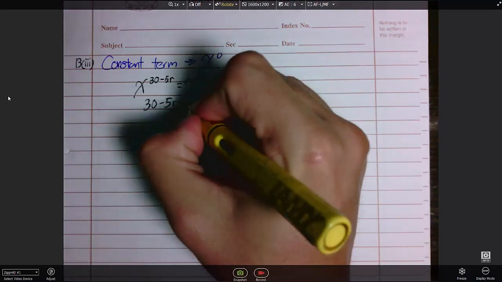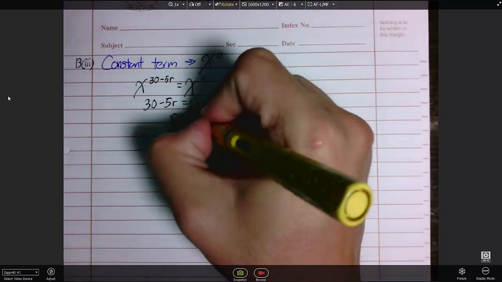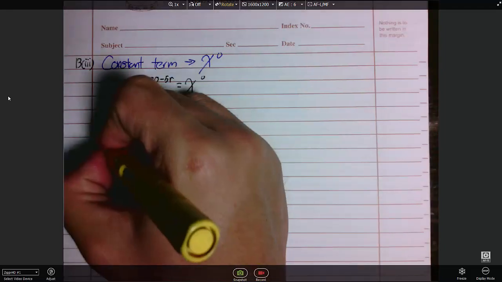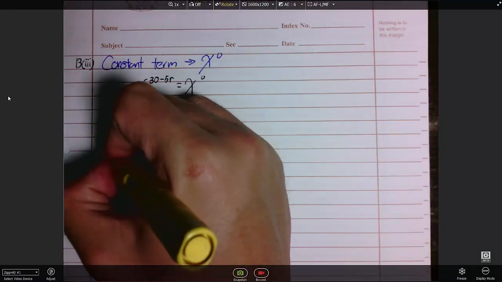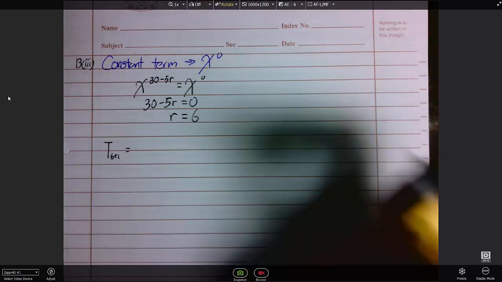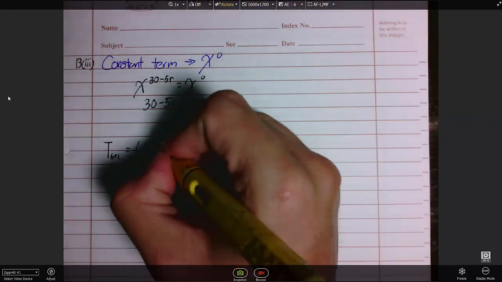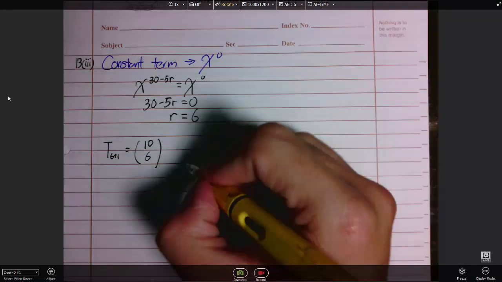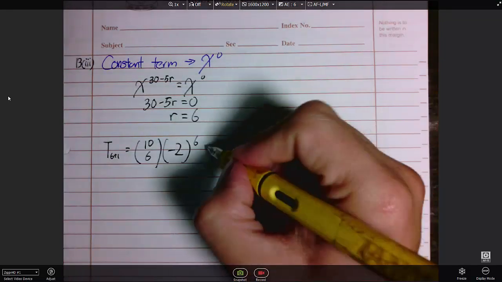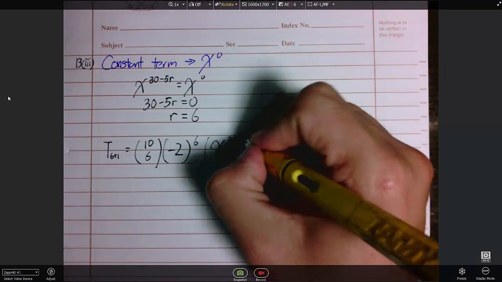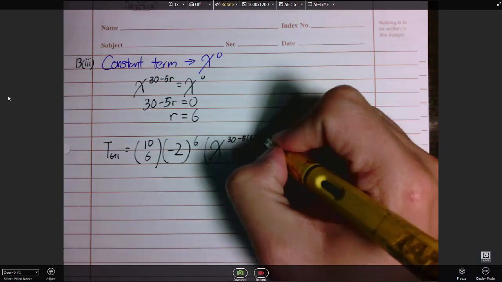30 minus 5r is equal to 0, so r equals 6. For r equals 6, you will get a term with x to the power of 0. Don't believe it? Let's try it. T sub r plus 1, which is T sub 6 plus 1, is equal to, where is my previous term? My previous term is 10 choose 6, negative 2 to the power of 6, x to the power of 30 minus 5 times 6.